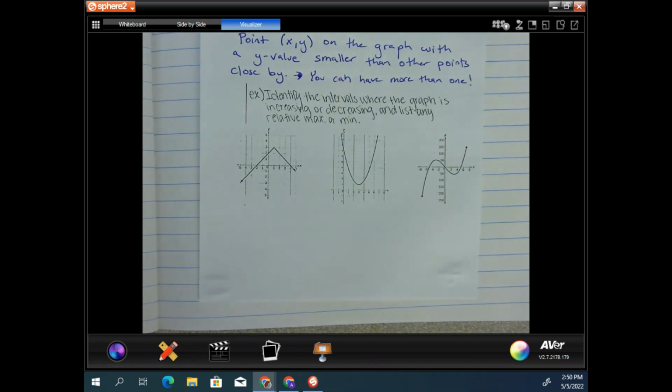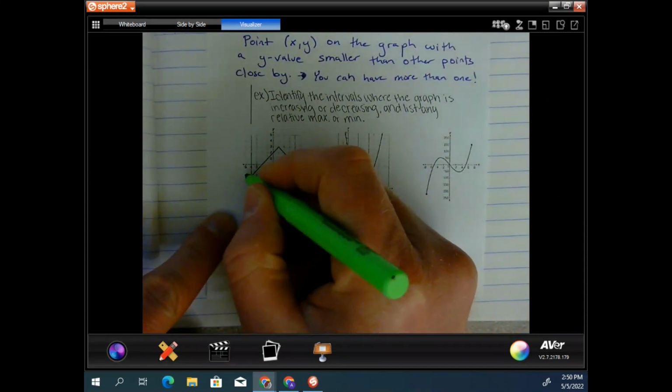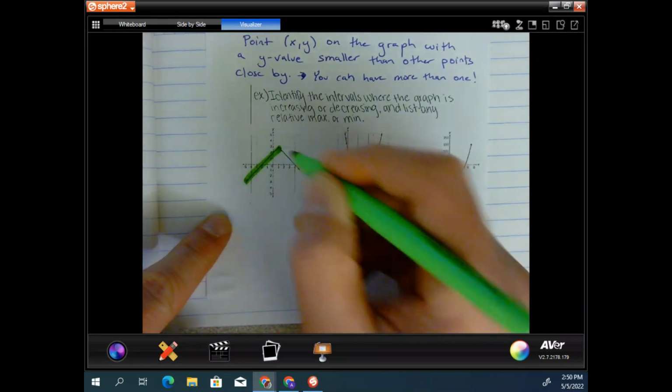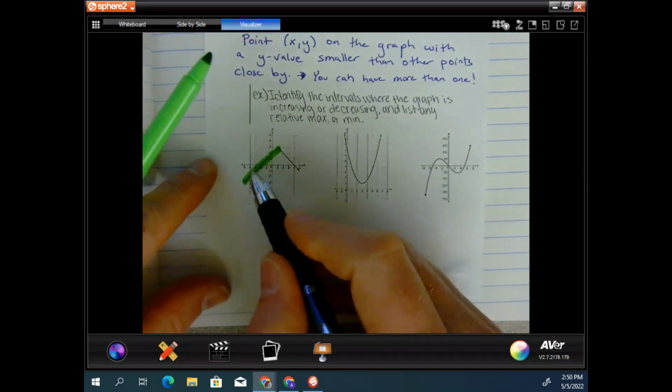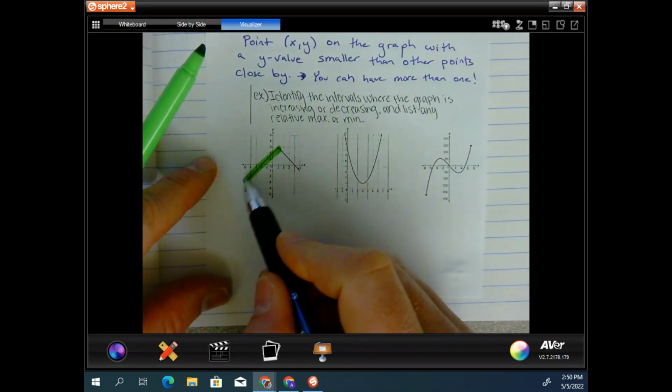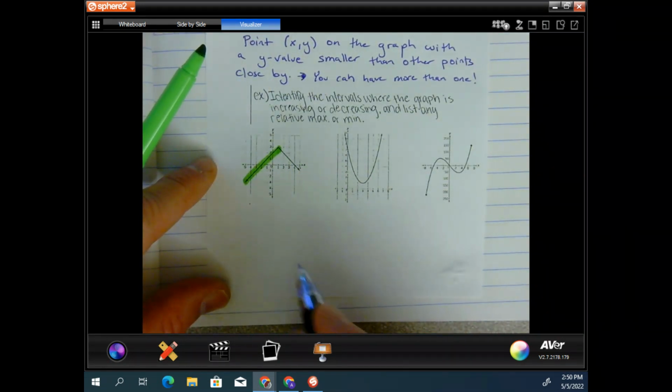All right, so our example: identify the intervals where the graph is increasing or decreasing and list any relative max or min. I'm going to pick green, and I'm going to highlight the part that's increasing. I see that it is going up, just like my y values are increasing as my x values increase.